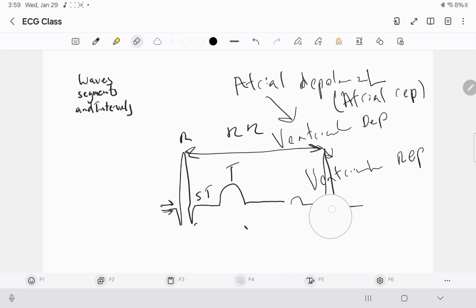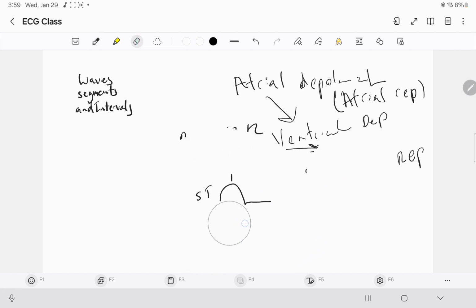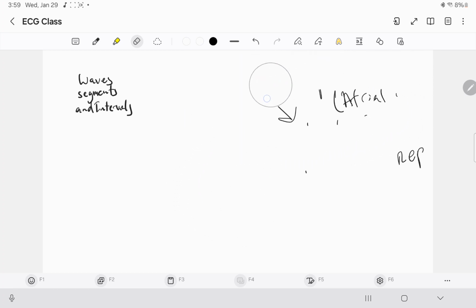Okay, so the first obvious deficit in knowledge is that I have not defined for you waves, intervals, and segments. So let's mix it up. Let's do a little typing.